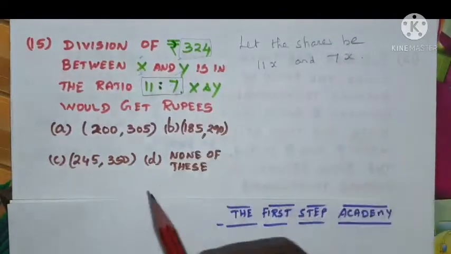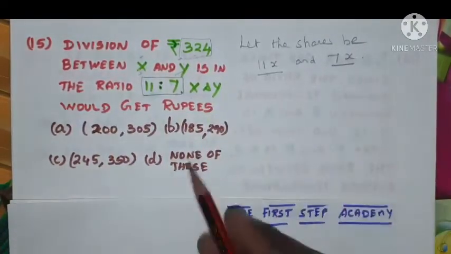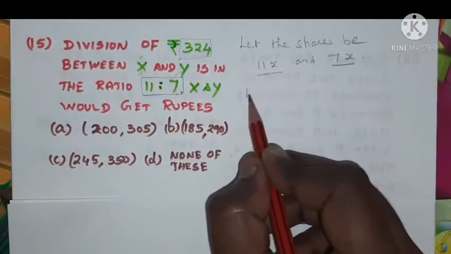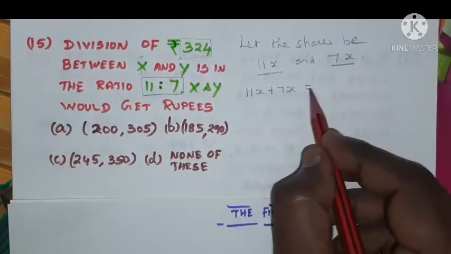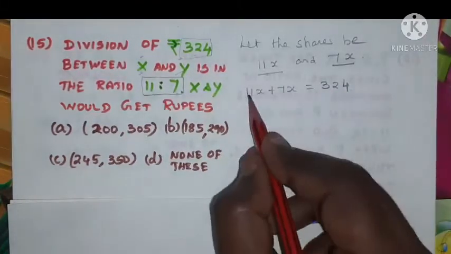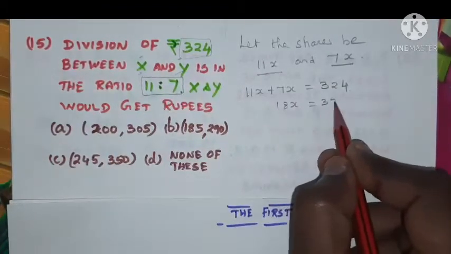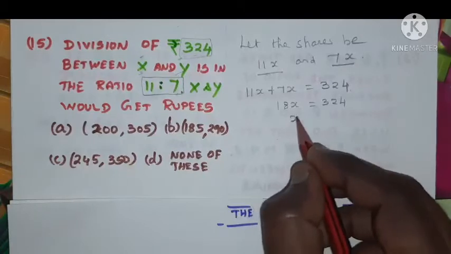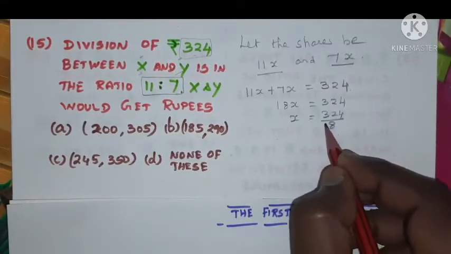As I said, the sum of shares 11x and 7x is equal to 324. Now, 11x plus 7x is 18x, so that we can find the x value. 18x is equal to 324, so x is equal to 324 divided by 18.